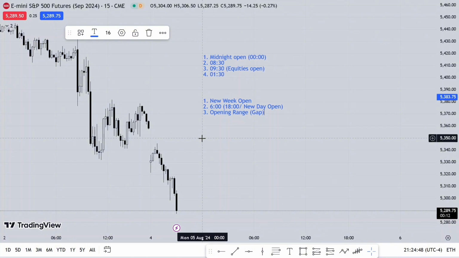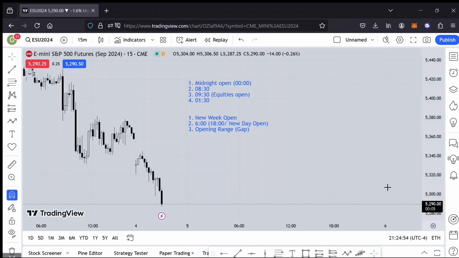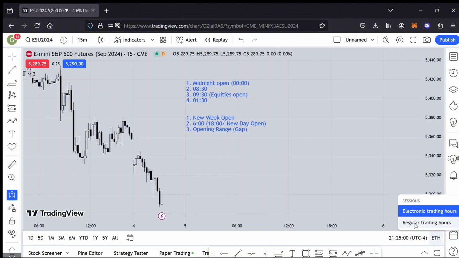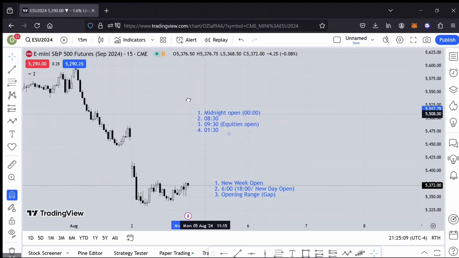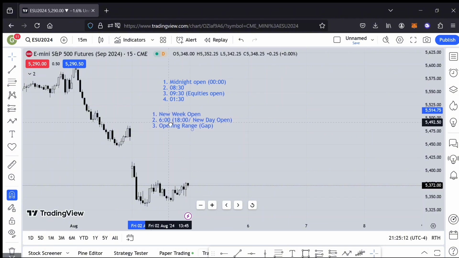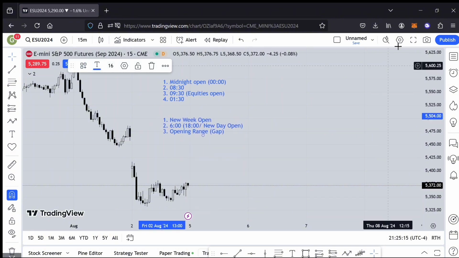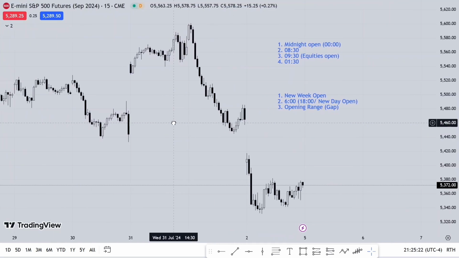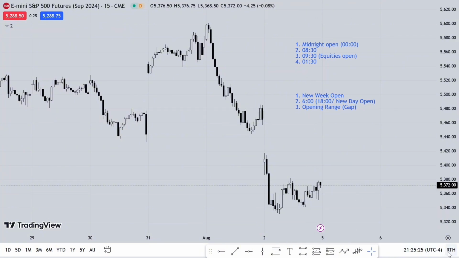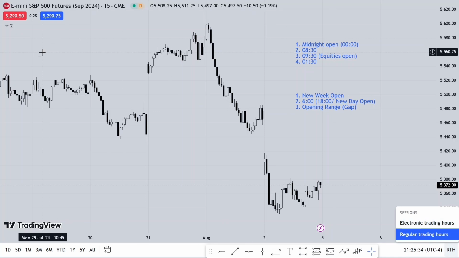On your TradingView, if you toggle from electronic trading hours to regular trading hours, so you're only focused on the regular trading hours windows, this is how the market presents itself to you.